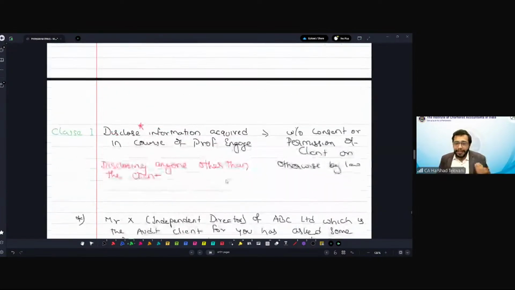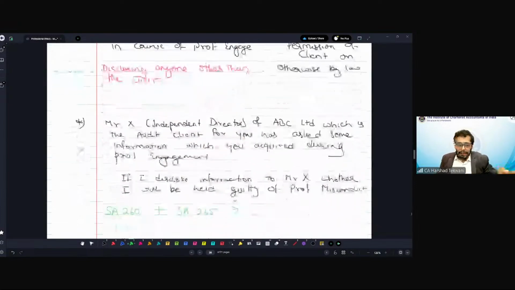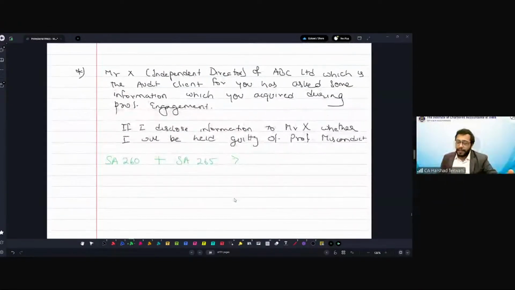Remember, we discussed that if it is other than required by law, then I will be held guilty. But this is required by law because SA 260 says and SA 265 says I am required to provide information to those charged with governance. I am required to communicate with them. In that case, I will not be held guilty of professional misconduct.